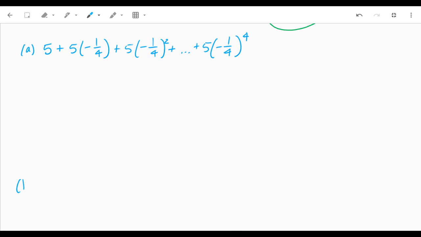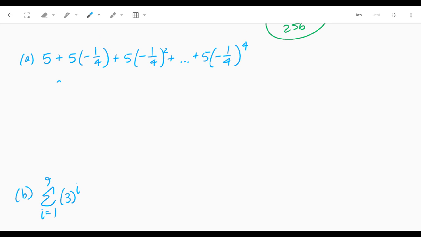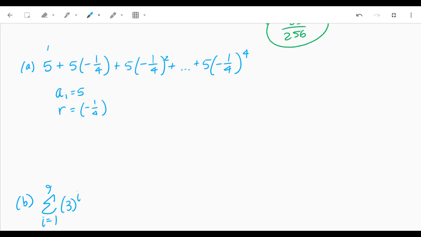And then they give you the sum I equals 1 to 9 of 3 to the I. Okay. Up here, your first term is 5. We're multiplying by negative 1/4. And we can see this is your first term, this is your second term, this is your third term, this would be your fifth term.